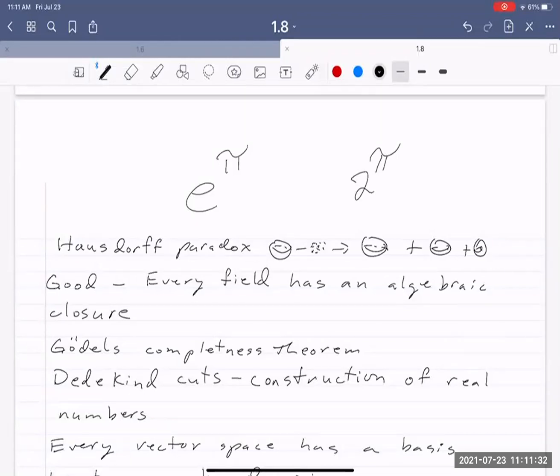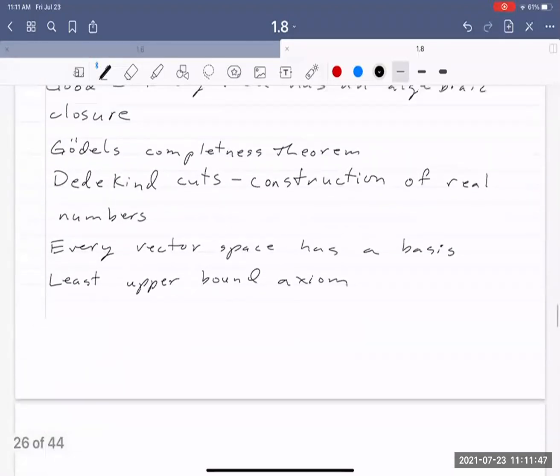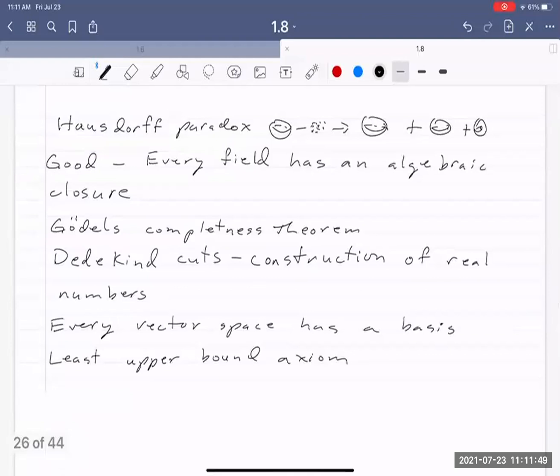How do you define 2 to an irrational number? And so these Dedekind cuts will allow you to construct these real numbers. So it's nice to know. It's nice to be able to actually construct the real line. Otherwise you're in trouble. If you don't assume the axiom of choice, it is nearly impossible to construct the real line.